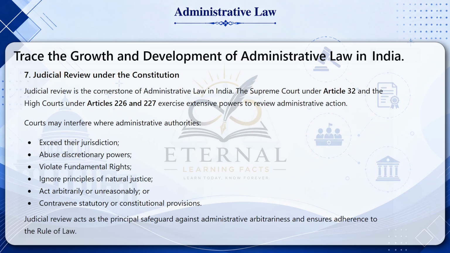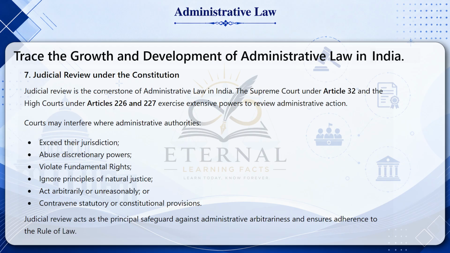Seventh, judicial review under the Constitution. Judicial review is the cornerstone of administrative law in India. The Supreme Court under Article 32 and the High Courts under Articles 226 and 227 exercise extensive powers to review administrative actions.